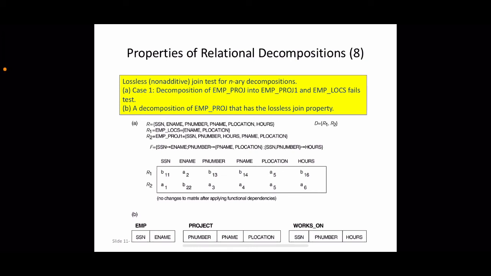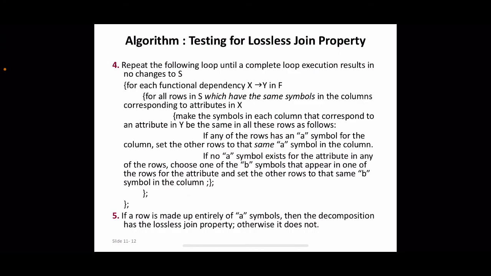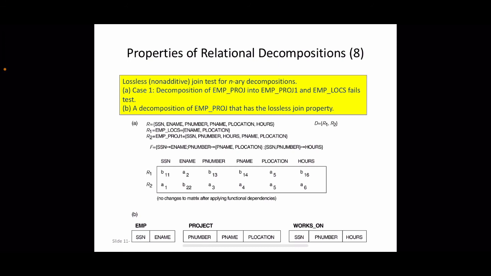Now what is the next step? Go to step 4, right? In which we take each and every functional dependency, and based on that we update this matrix. Coming to step 4, we take each functional dependency X determines Y in F, and we take all the rows in this matrix in which X is the same, and then replace Y. We can see that step here.